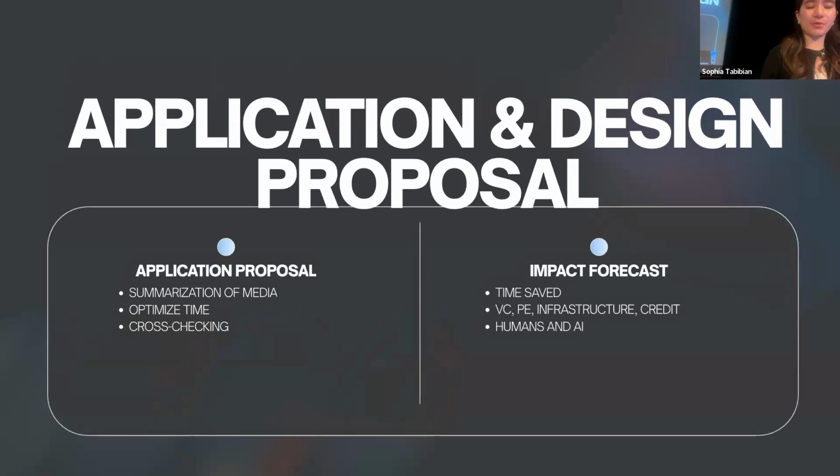And for the application design proposal. So I think that Grok AI does a really good job of summarizing media, and this can be very essential when working with a team. And this really helps users optimize their time so they can focus on other tasks. But I do recommend cross-checking with other AI tools or even just skimming the media yourself.